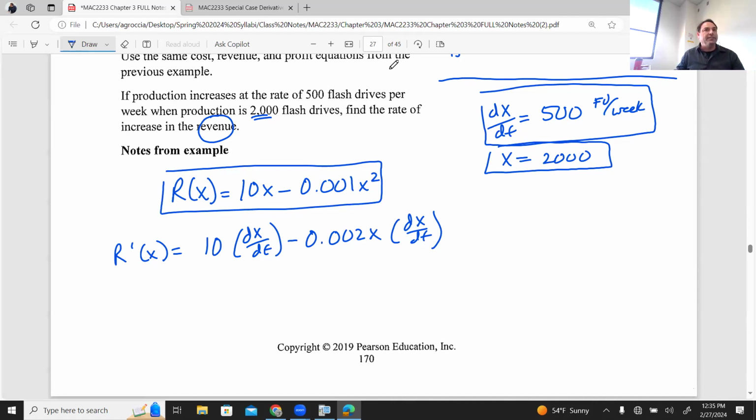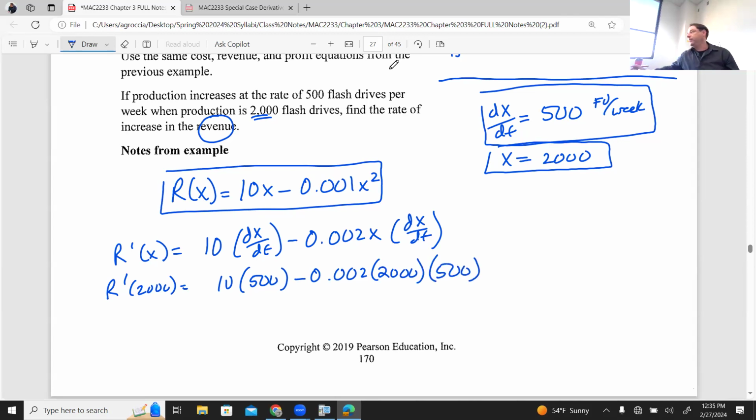10x is 10, it's not 0. So we don't put 0 and then there's nothing else. You have to have the dx over dt, like we've done earlier. And then this one we have a little extra. And now, like you asked earlier, if you plug in 2,000, 10 times dx over dt is 500, minus 0.002 times x is 2,000 times dx over dt is 500.